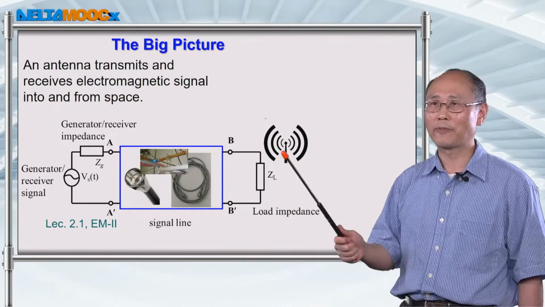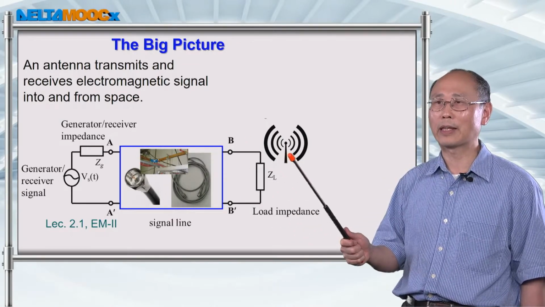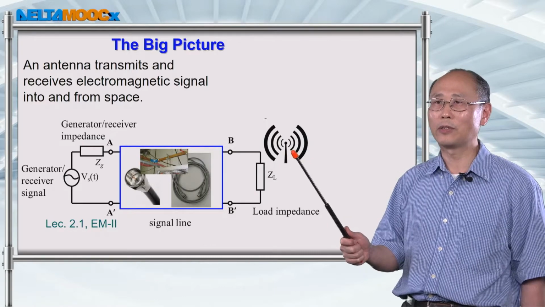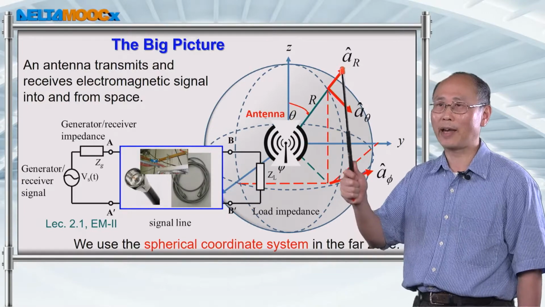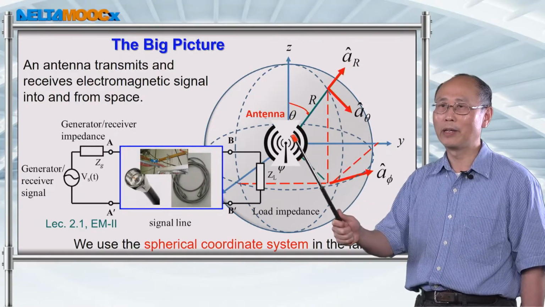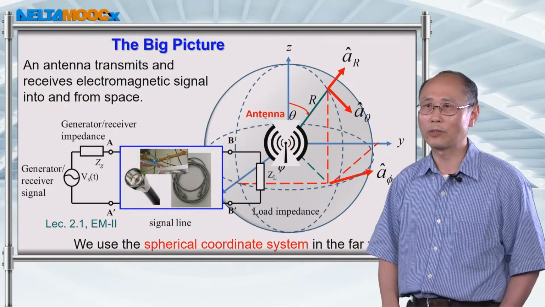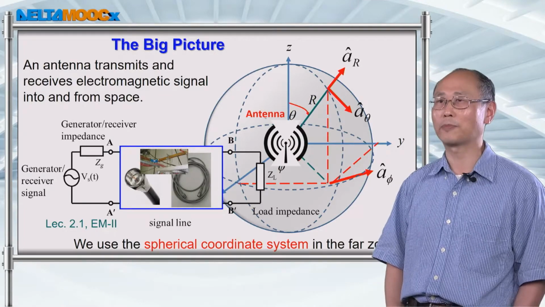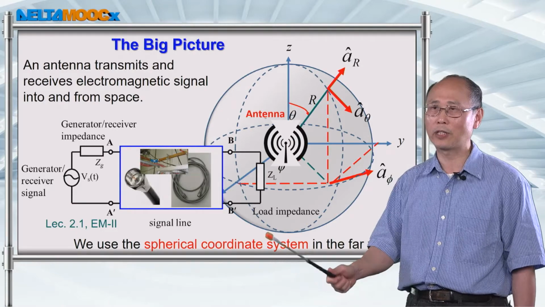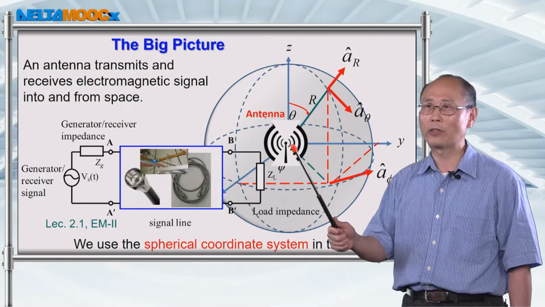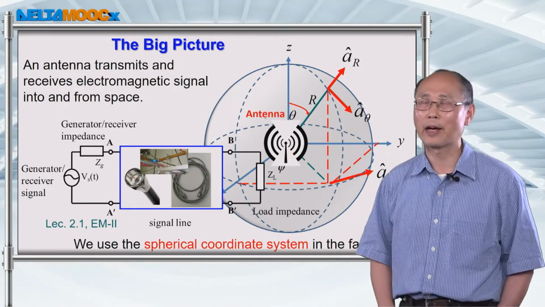Suppose that we have a transmitting antenna. The wave is going to radiate into space. So if you detect this radiation from far away, this antenna is going to be more like a point in space. So usually we're going to use spherical coordinate system to describe the field radiated by an antenna.